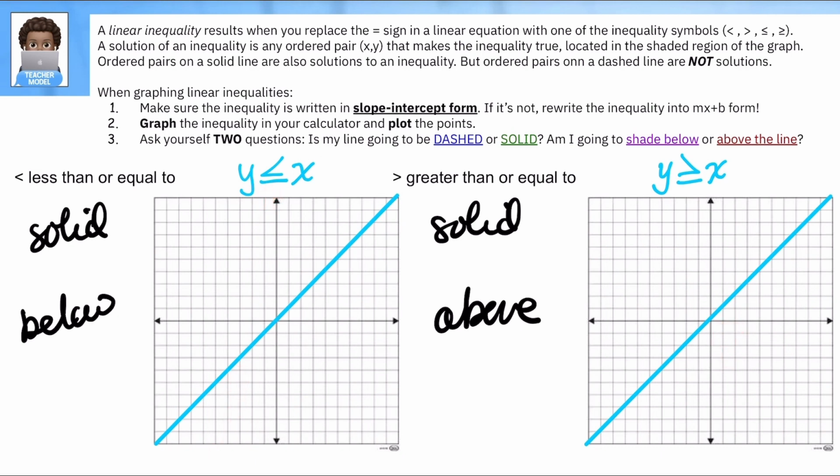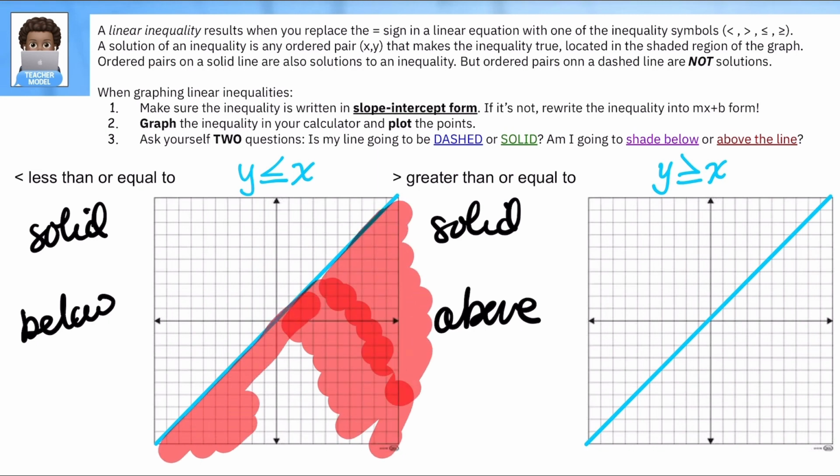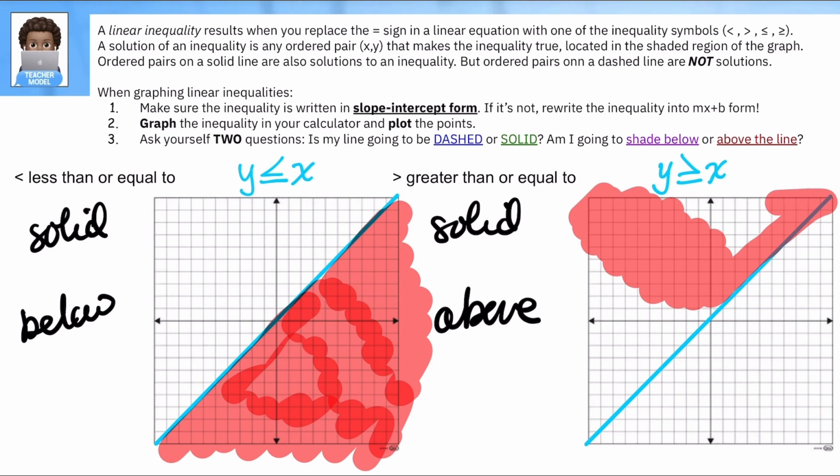All right, and I'm going to use the same rule as before. When y is less than, I shade below the line. And that means my answer is anything on the line or below it. And if y is greater than, then I just shade above. And that's it.